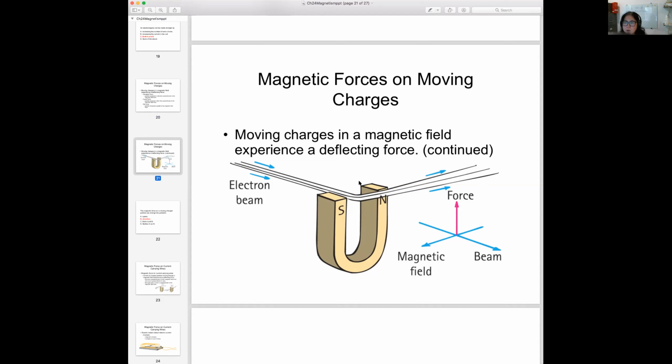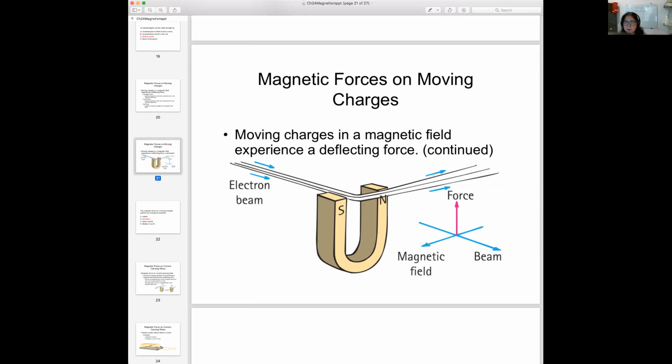So that's how you see there's a magnetic force applied on a moving electric charge. If the electrons are stationary, no matter how strong the magnetic field, you're not going to have any magnetic force. They just keep sitting there.